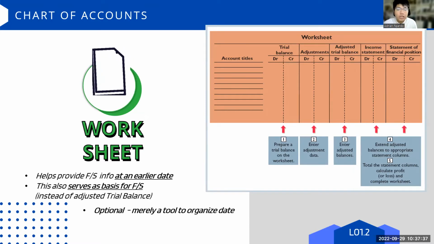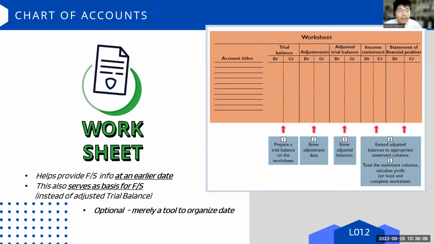But again, this is completely optional in the real world. Accountants can opt to create a worksheet, or they can opt not to. If a company has no worksheet, it's not as if the BIR will sue them or they're going to be fined by the Accounting Standards Board, because again, it's an optional tool.